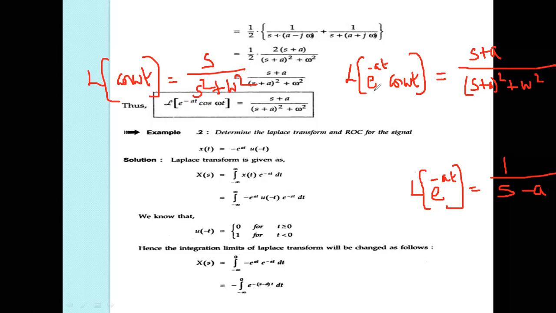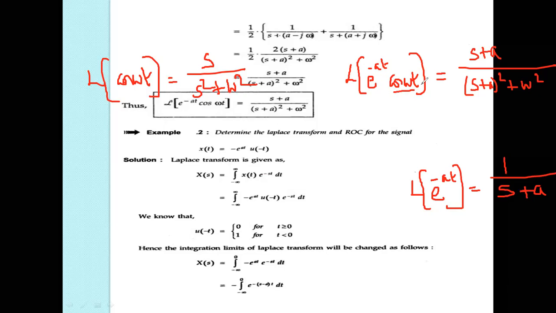Now it is multiplied with e power minus at. What is the Laplace transformation of e power minus at? It is 1 by s plus a. So the term s changes to s plus a when the negative exponential is multiplied with cos omega t. Understood, my dear students?